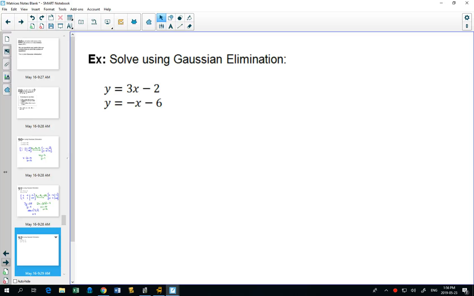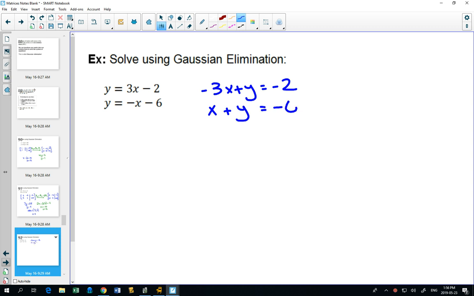What would we have to do with this one first? Rearrange it so that you can write your augmented matrix.